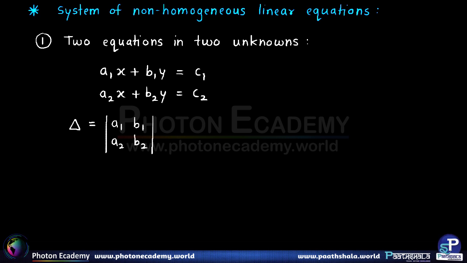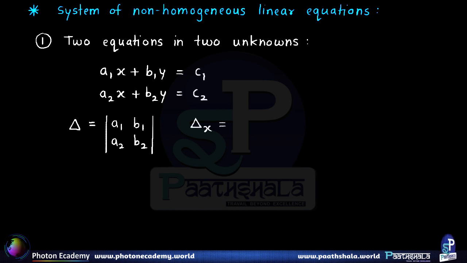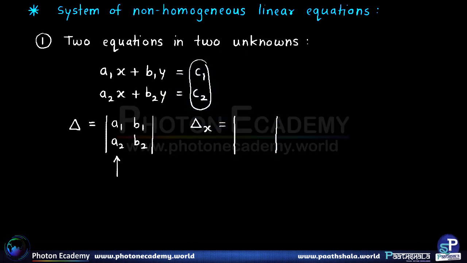Then we find a determinant denoted as delta x, which is formed by replacing the coefficients of the first column, that is the coefficients of x which we have written in the previous determinant delta, by the constant terms. So that means we have to replace a1, a2 by c1, c2.